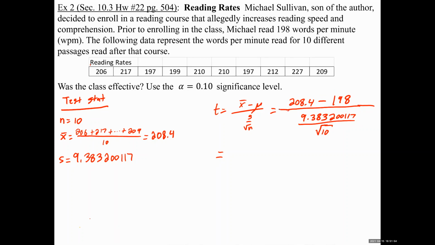Then I'm going to push divide. And then when you're dividing by a fraction, you open some parentheses. On my calculator, the open parentheses button is right above the number 8. I'm opening a bunch of parentheses. On my calculator, I open like 5 of them. Then you type 9.383200117, divide by square root of 10. Answer.